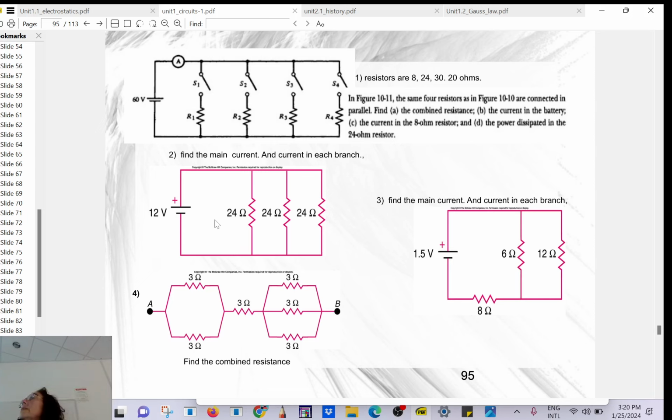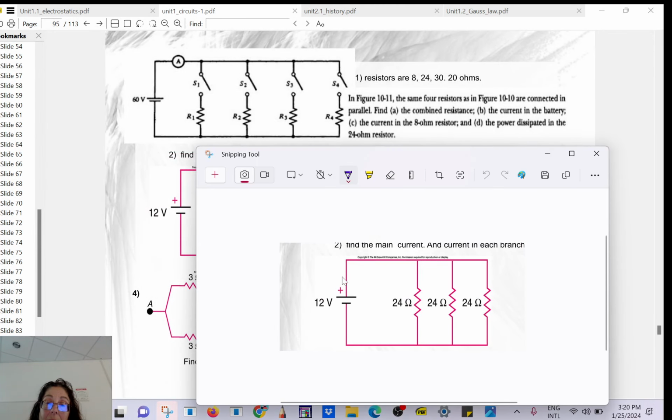Did you follow along? The equivalent resistance is 8, so 12 divided by 8 is going to give you the main current. So here I'm going to have 1.5 amps.